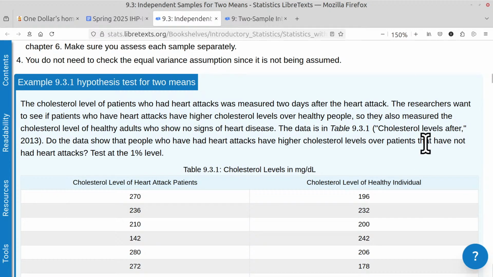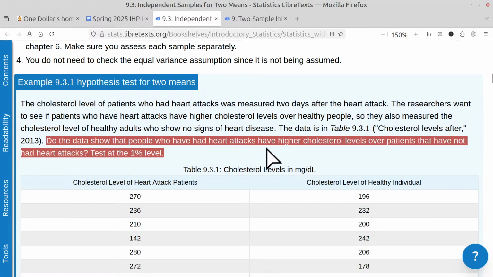Cholesterol level. After the question: do the data show that people who have heart attacks have higher cholesterol levels than healthy people, tested at a 1% level? Now let's check the numbers one by one.